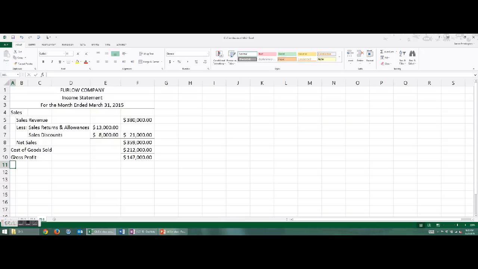Okay, so next we want to get a total for operating expenses. To be consistent with the text, I use operating.